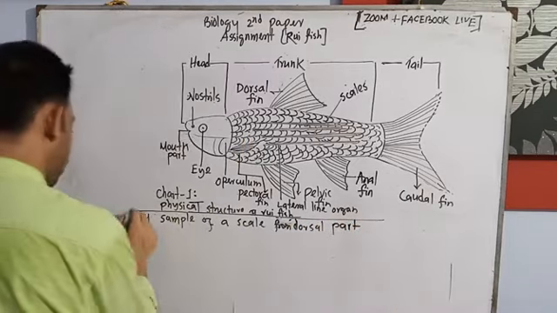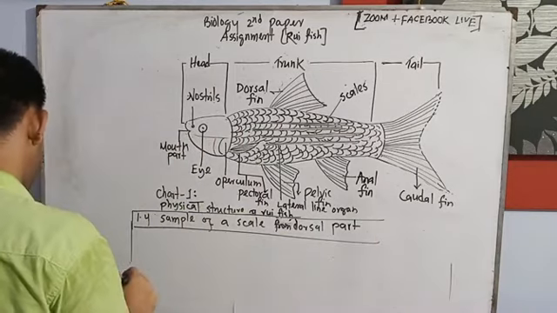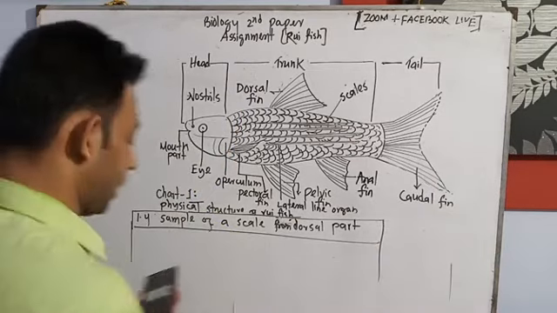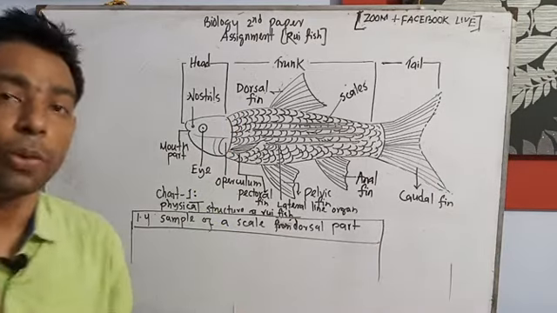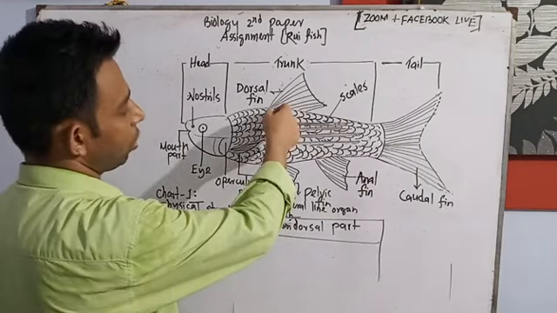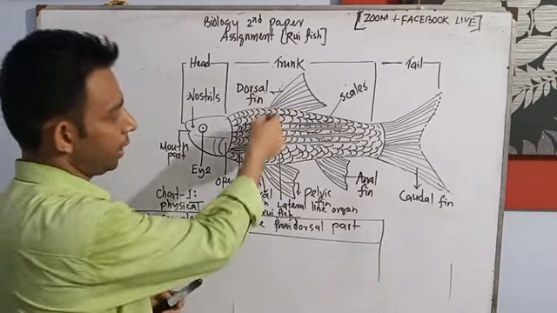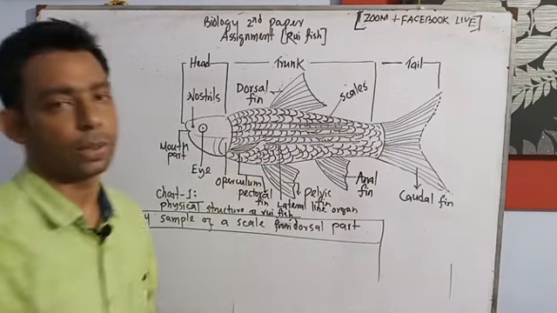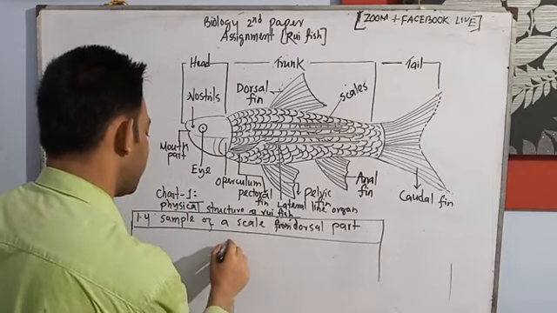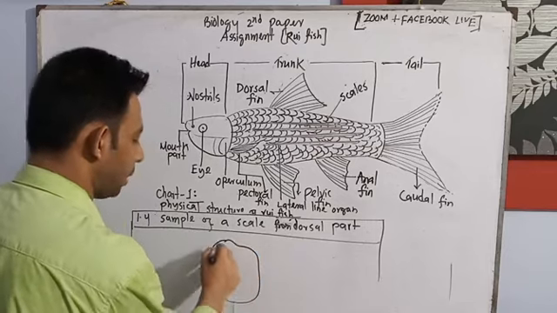It does not matter what I have written, but basically the main thing is what the question asks. I need to get a sample. If you get a live fish, I tell you once again, on the dorsal part, hold a scale with your 2 fingers, turn and cut from there. You will get a scale. Maybe it is this type of figure, or anything else.